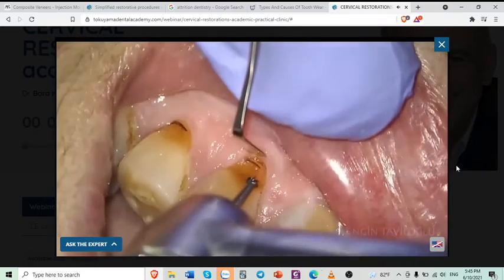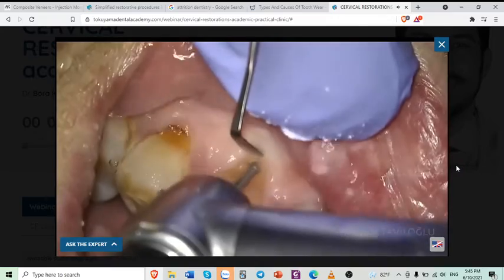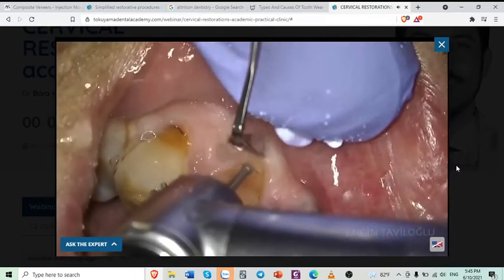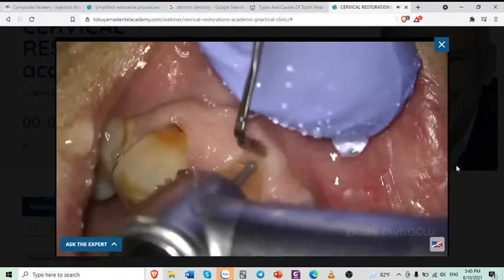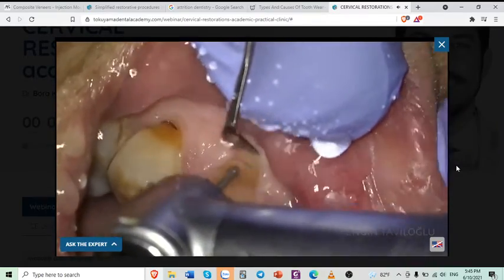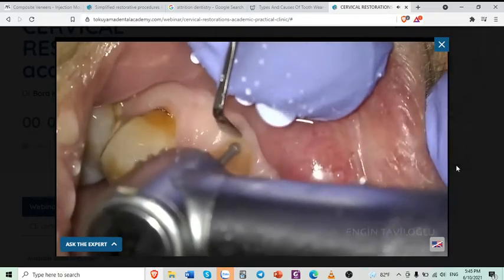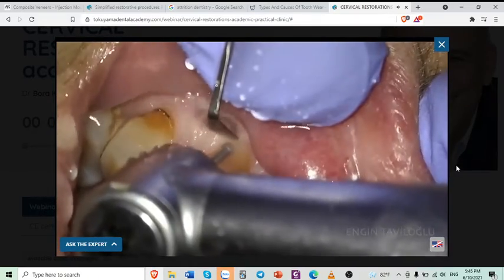Here, of course, we need to protect the gums. There are small caries. We work with a dental carbide burr in slow motion, using water and without going too deeply. We must also say that we need to work under magnification.